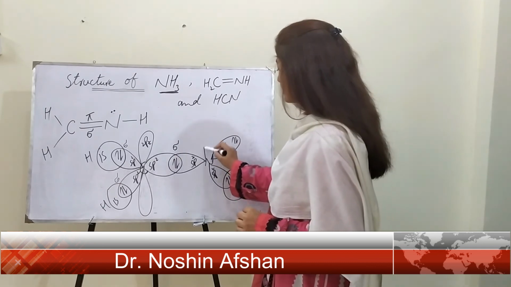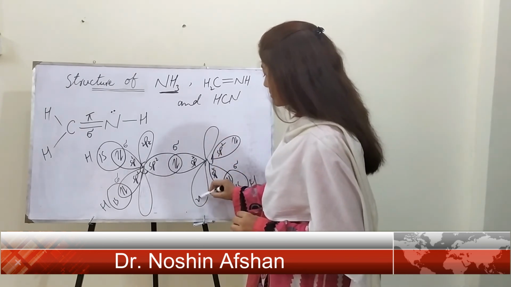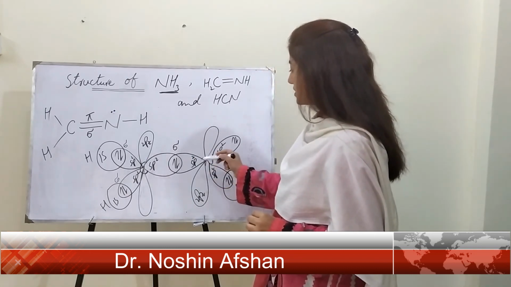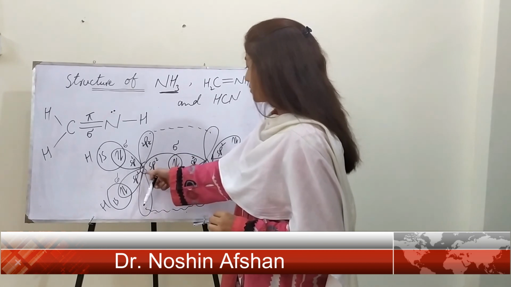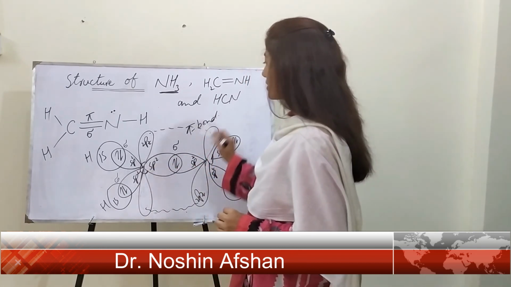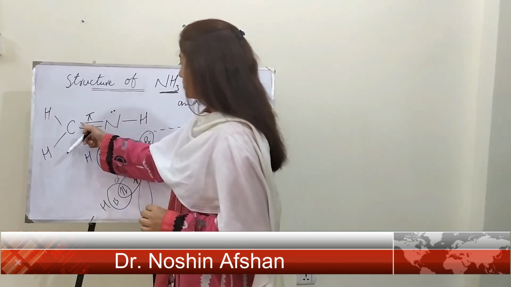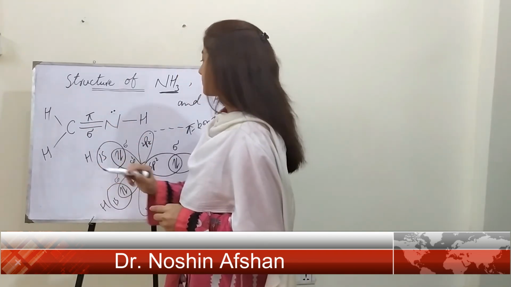And here there is also a 2pz orbital of the nitrogen, and this would overlap with the 2pz orbital of the carbon to form a pi bond. That has been shown drawing another line above the sigma bond.